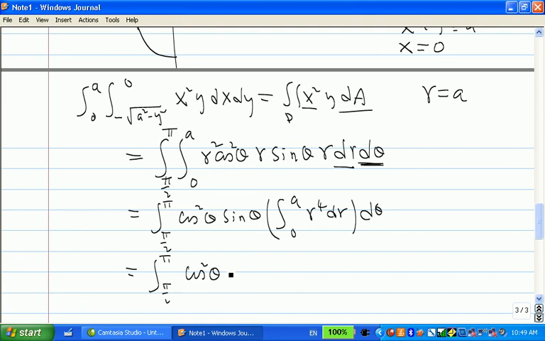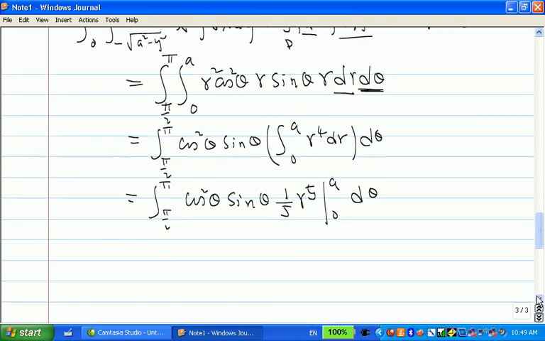Integrating this gives you 1/5 r to the 5th, from 0 to a, d theta. Replace r by a, gives you 1/5 a to the 5th. A is a constant. Then replace r by 0, you get 0.